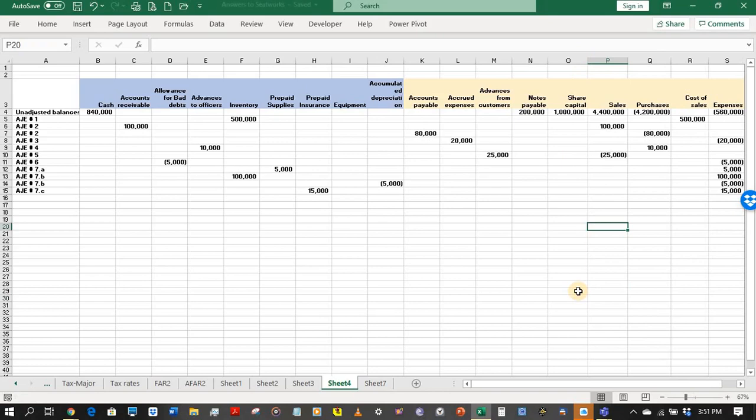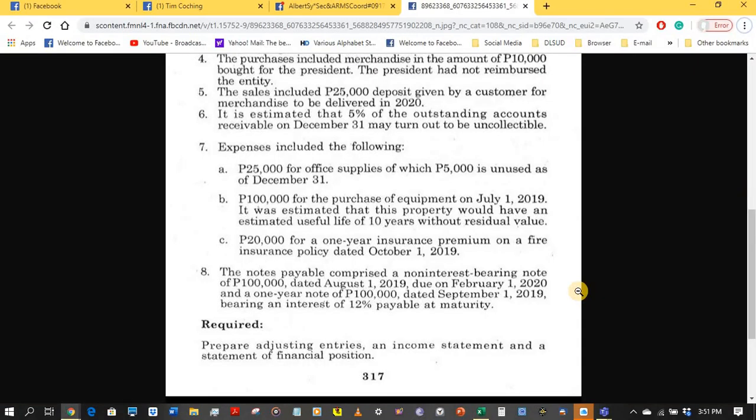Okay. So, let's go to the last number. Number 8. The notes payable comprised a non-interest-bearing note of 100,000 pesos dated August 1, 2019, due on February 1, 2020, and a 1-year note of 100,000 pesos dated September 1, 2019, bearing an interest of 12% payable at maturity.